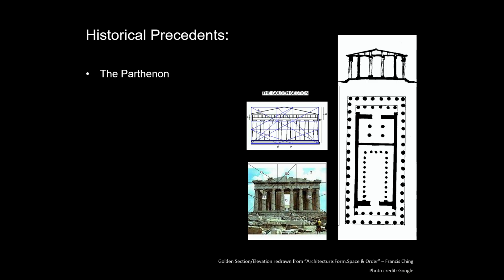The Parthenon was built between 447 and 438 BC and is around 111 feet by 228 feet, roughly a 1:2 proportion. It stood firm for centuries in an area of moderate seismicity. It is symmetrical about both axes.